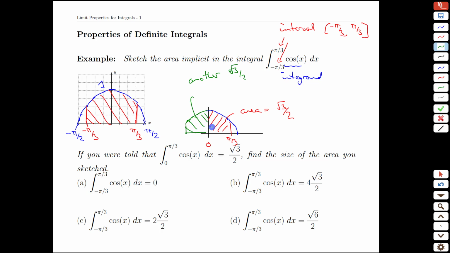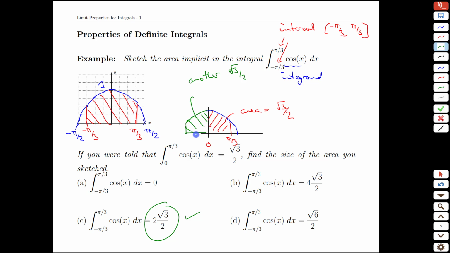In other words, this area and this area are perfectly matched because of the symmetry of the cos function. And so what we would end up with is 2 times the amount we found on the right-hand side here.